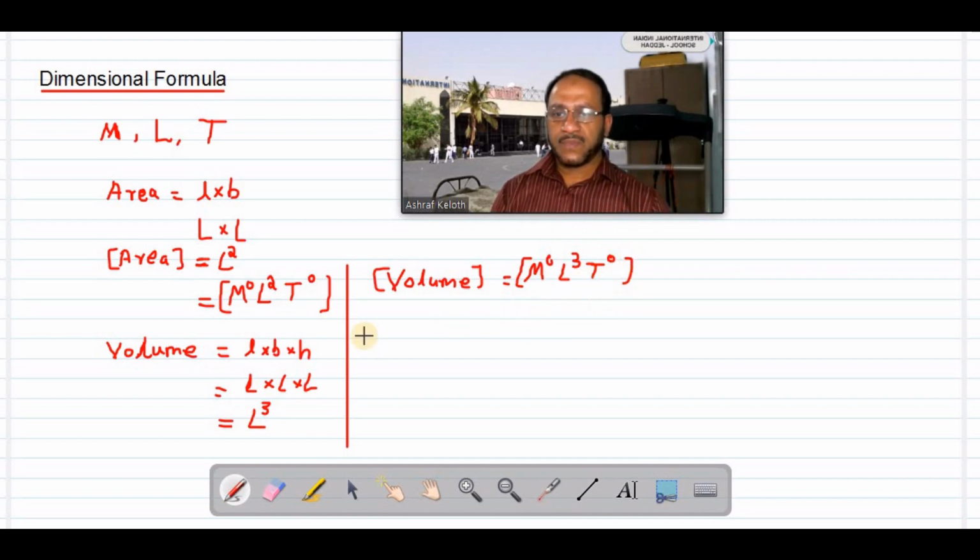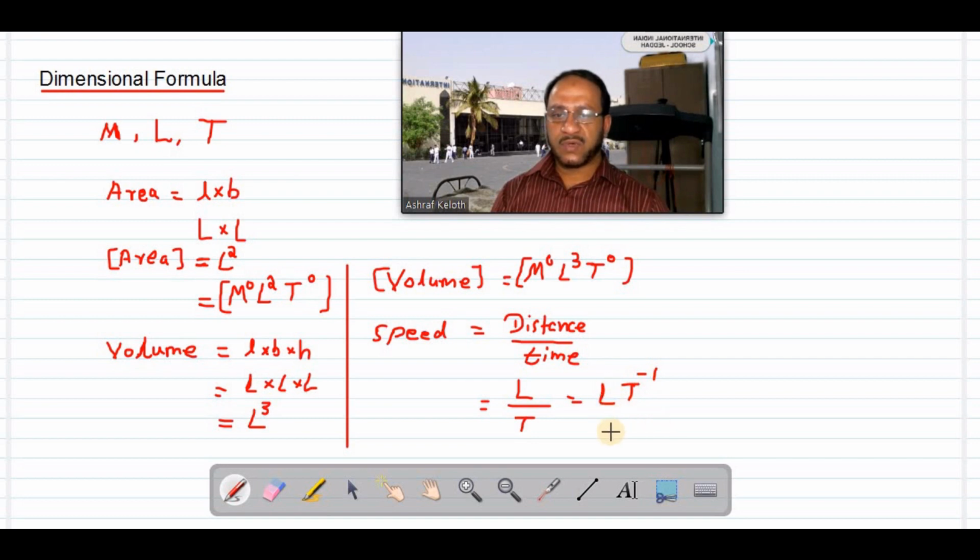The next one, suppose, speed. Speed is given by distance by time. The dimension of distance is L, measured in meter, and the dimension of time is capital T. So it can be written as L into T raised to minus 1, which means length with the power 1 and time with the power minus 1.